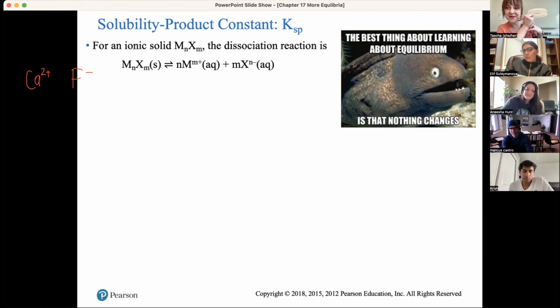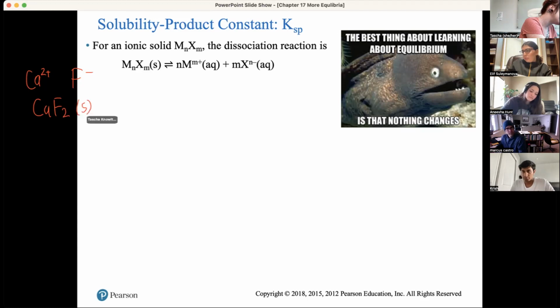What do you think? I know it's more awkward in Zoom. You can hold up your fingers. How many calciums? How many fluorides? Great, thank you. Okay, good. So I need 1 calcium, 2 fluorides to balance that out, right? That's how I'd write my ionic compound.